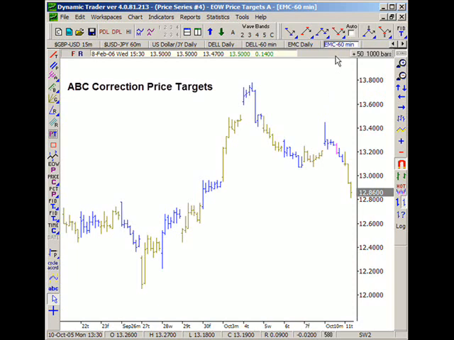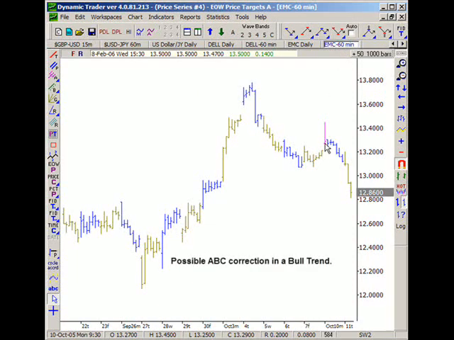We have up the EMC stock data, 60-minute data. And we can see that it's had a sharp rally and a decline, another small rally and a decline to a new low. We're going under the assumption that this market is in a bull trend and that the decline from the high in this chart is making a correction, and so far it has at least the potential for an ABC type correction.